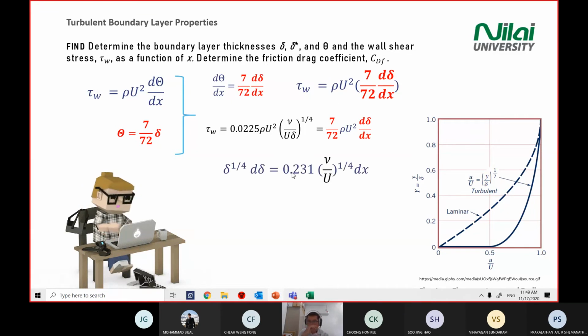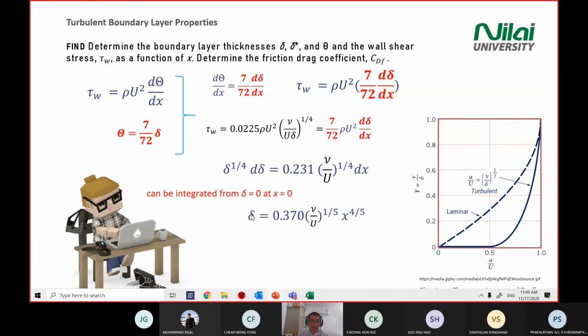Then the next step is just a mathematics equation. Our objective is to get what is our delta. The next step is we want to find what is our delta, right? So we integrate from both sides, from 0 to delta, with delta equal to 0 at x equal to 0.